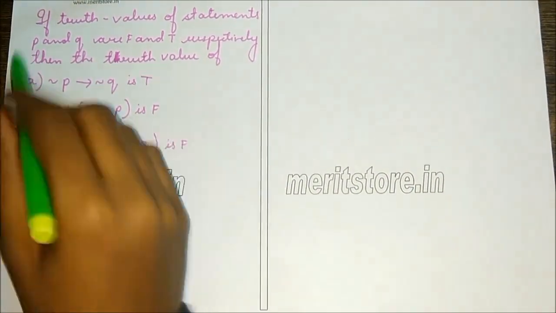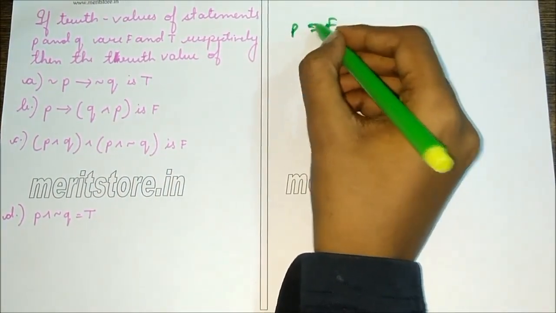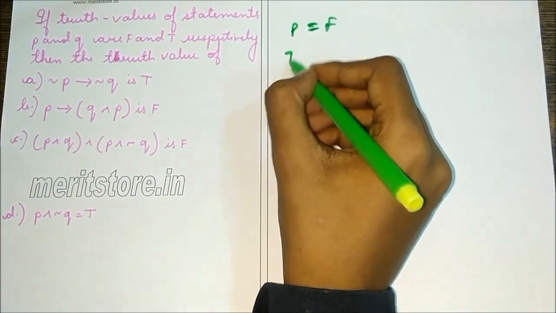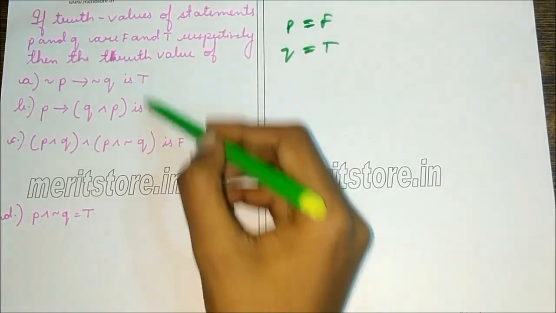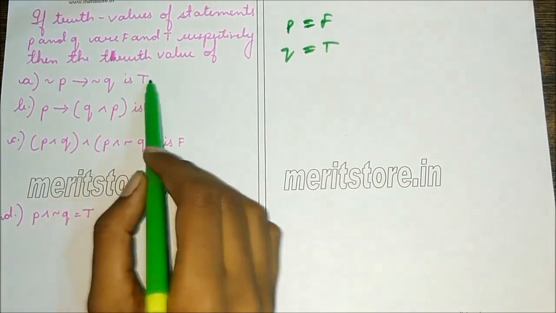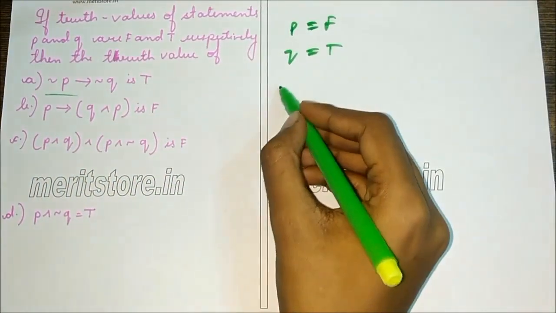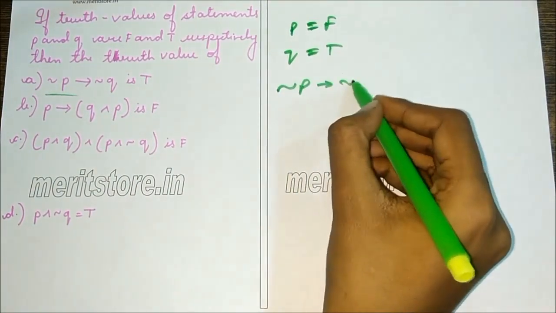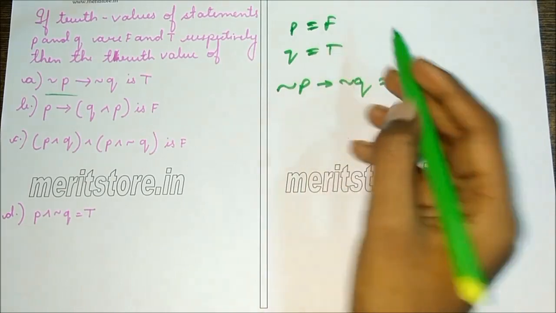So in this question, it is given that the truth value of P is F and for Q it is T. So we have to find out which of the statements has the correct truth value. So let us simplify each option one by one. So negation of P implies negation of Q, which is equivalent to P is false, so negation of false is true.